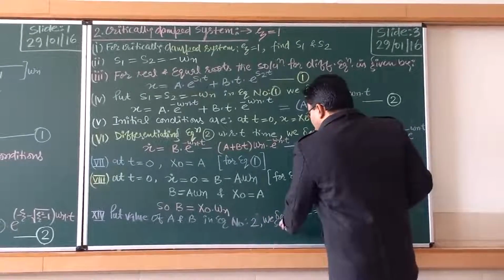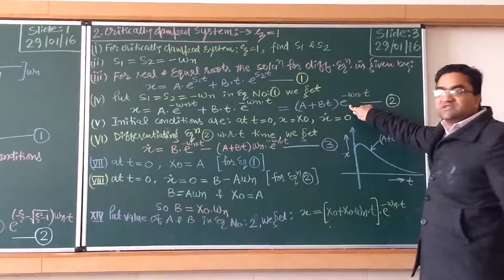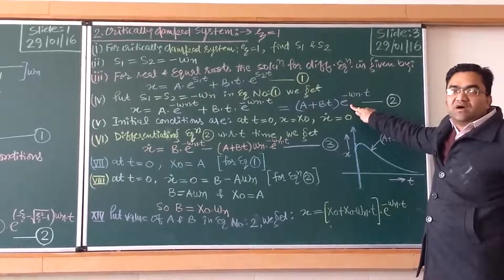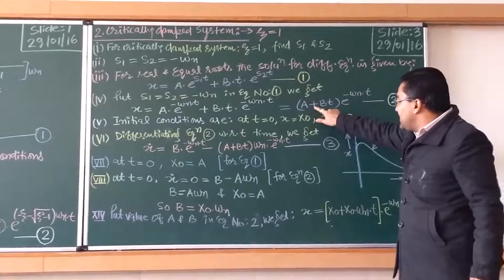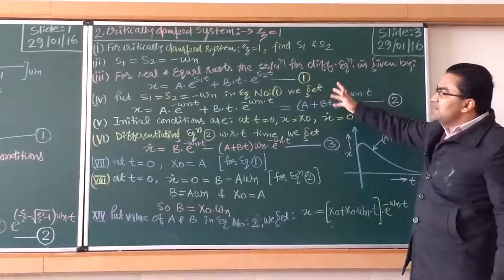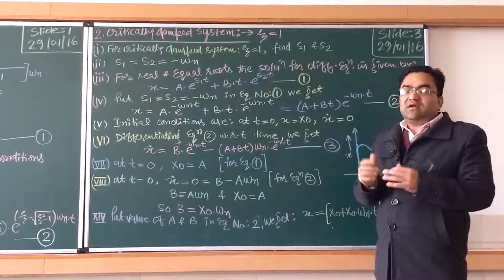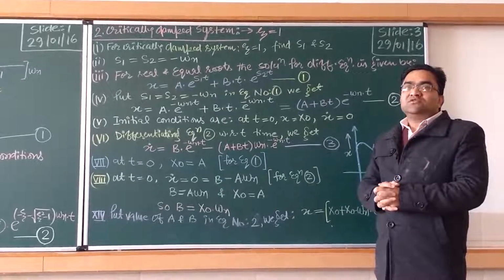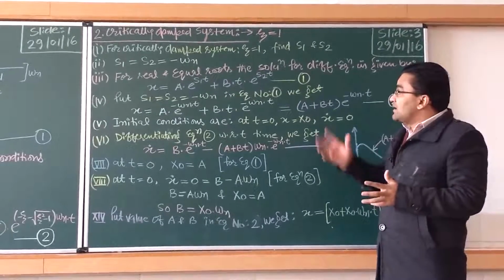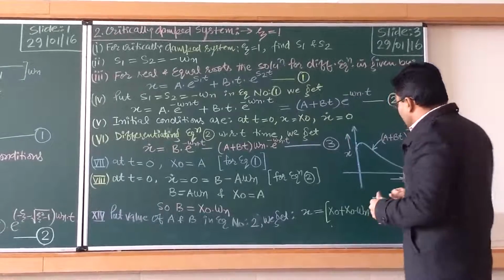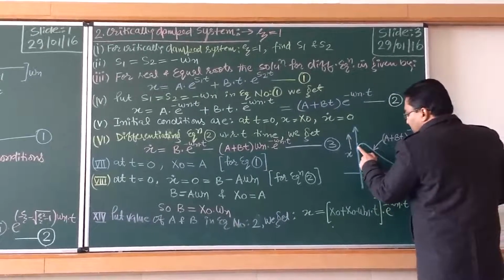We simply put it in equation number 2. So this is the general solution of the differential equation. Put the value of a and b in this one, and we will be able to make the general solution for a critically damped system. For a critically damped system, the graph will be like that.